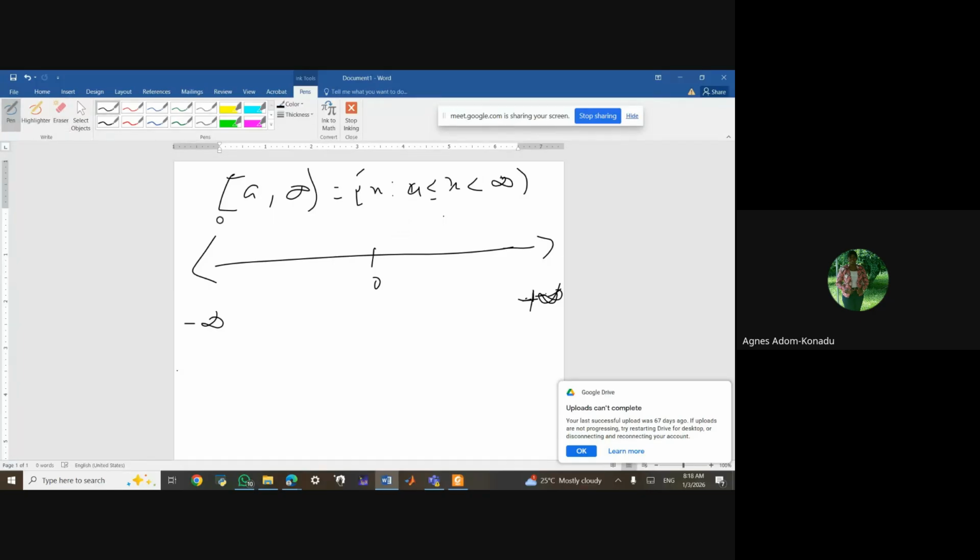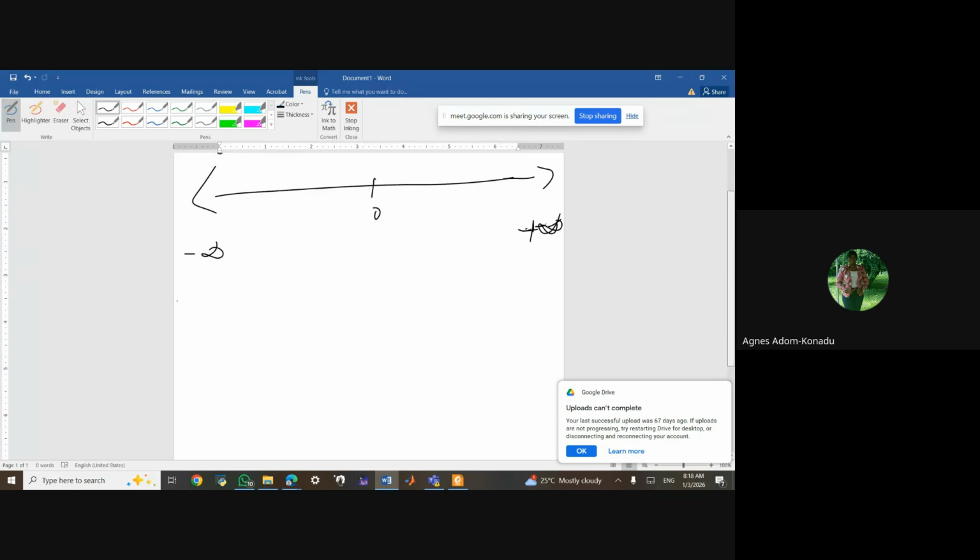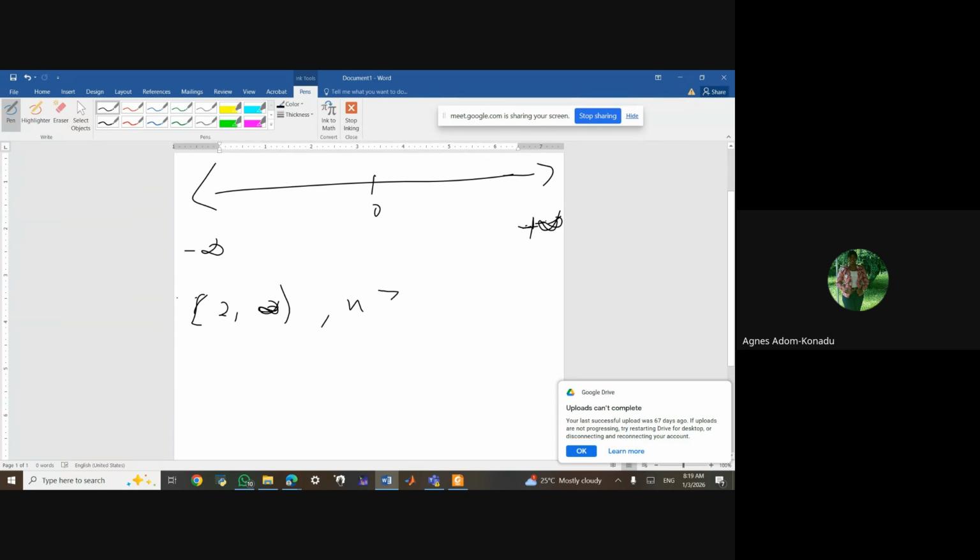From basic school, or JHS or SHS, if you have 2 to infinity, you normally write it as x greater than or equal to 2. So this is the same as x greater than or equal to 2.